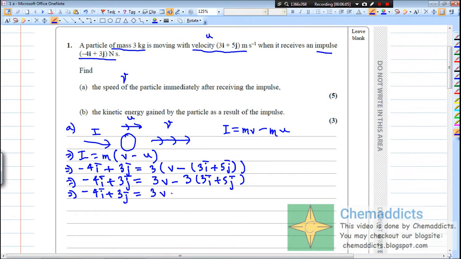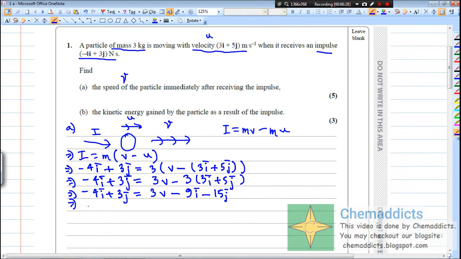If we simplify further, let us multiply this thing with this, so this will come as 15j. Now let us make v the subject.